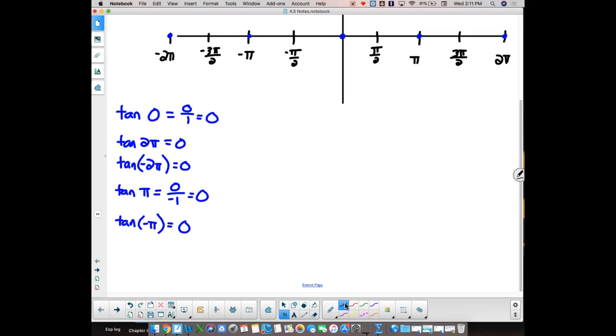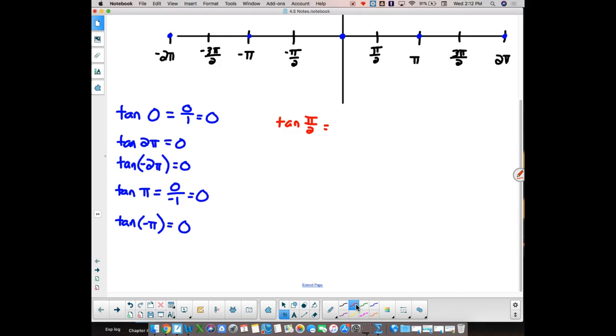Let's try those. What is the tangent at pi over 2? Tangent at pi over 2 is what? Undefined. Why is it undefined?